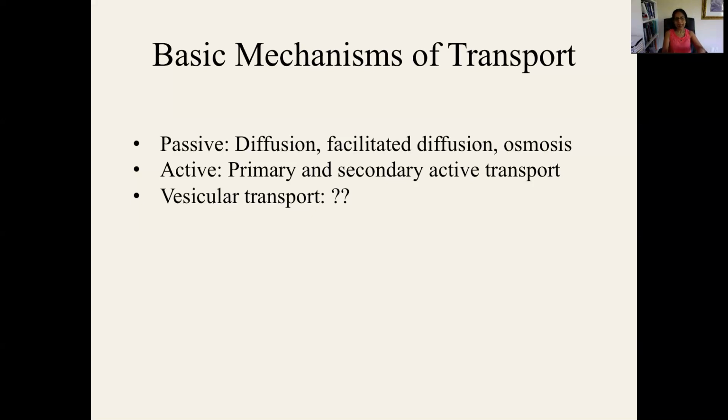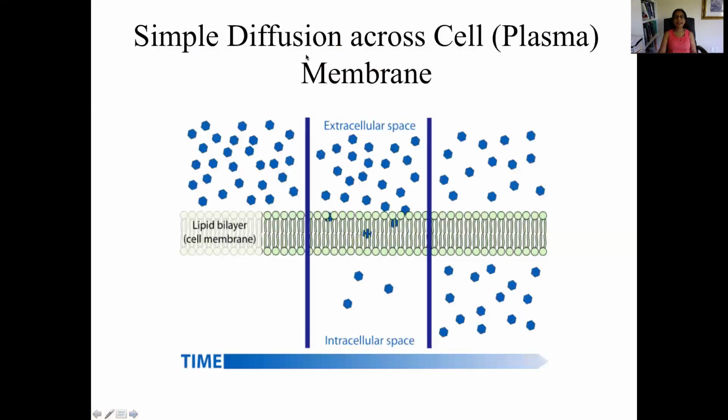So it is not like it's dependent on ATP at the moment, but you would use the source of energy to construct various things that are involved in the vesicular transport. So that's where the question mark is. All right, so with this, we will focus on each and every type of transport mechanism.